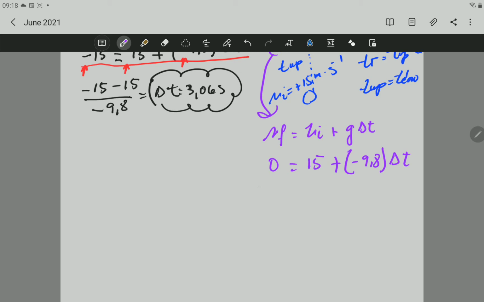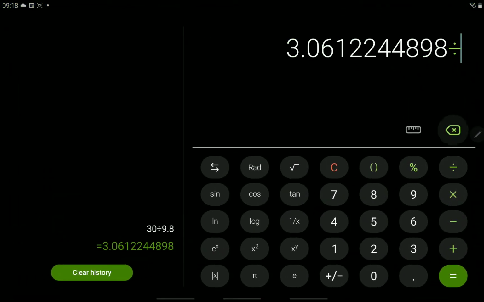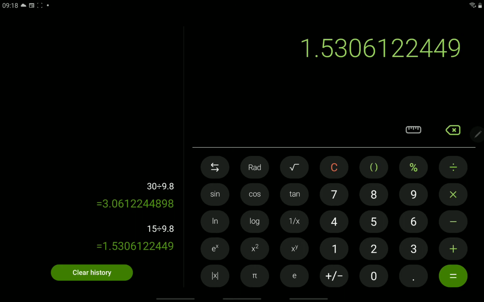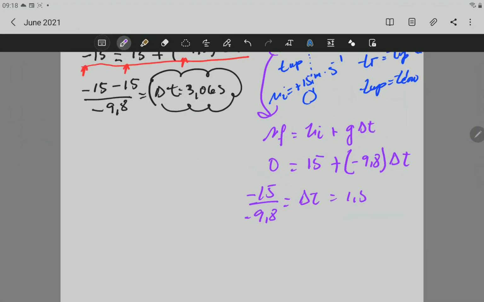When you rearrange this, you get minus 15 divided by minus 9,8, which is a positive answer. This is the time, which is equal to, if we use my calculator, 15 divided by 9,8 is 1,5306. So we're going to round off to 2 decimal places, which is 1,53.